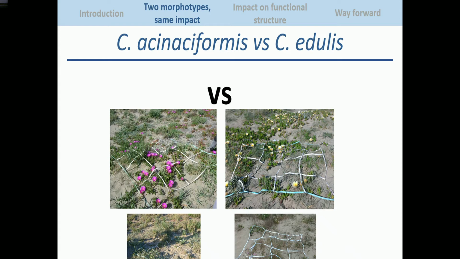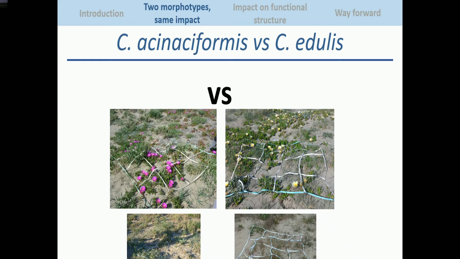Because normally, all the studies that I cited before either focus on one, or they don't discern between the two morphotypes. So we wanted to check whether the communities invaded by Carpobrotus acinaciformis and edulis were impacted the same or not.